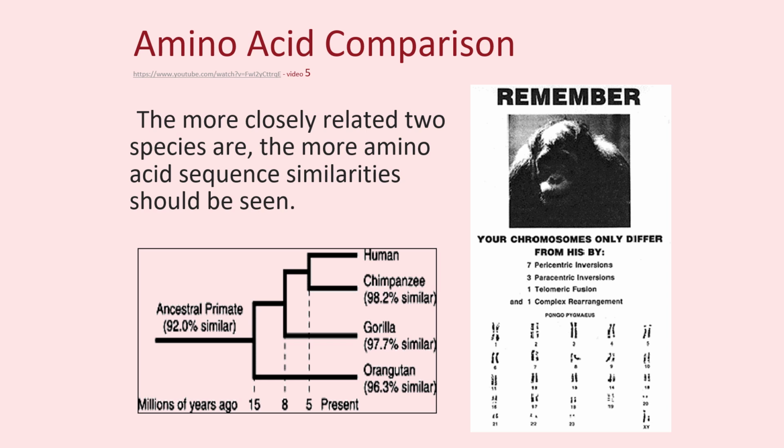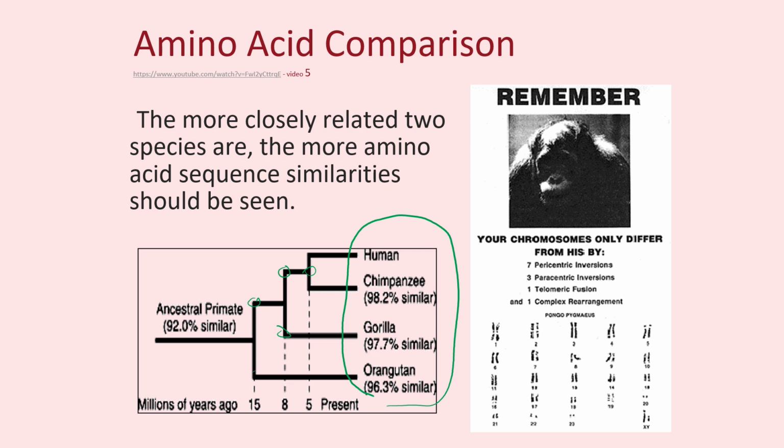So the more closely related two species are, the more amino acid sequence similarities should be seen. And we can see this with a cladogram as well. Okay, so again, we compare the similarities and then where these traits branch off.